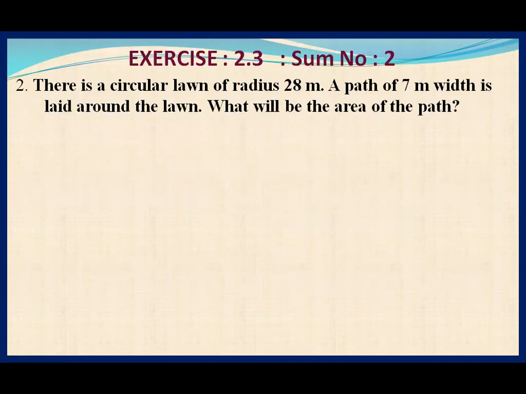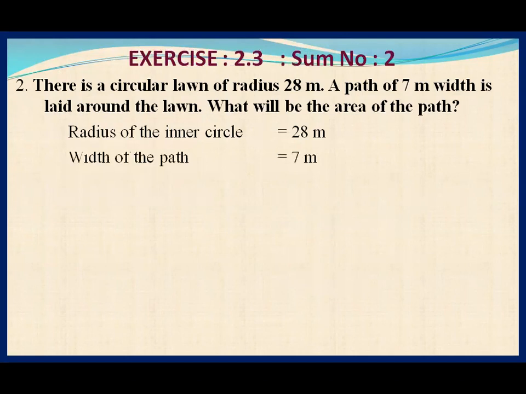Sum number 2. There is a circular lawn of radius 28 meters. A path of 7 meter width is laid around the lawn. What will be the area of the pathway? So the radius of the inner circle is given and the width of the path is given as 7 meters. It is laid around, so you have to find the radius of the outer circle.